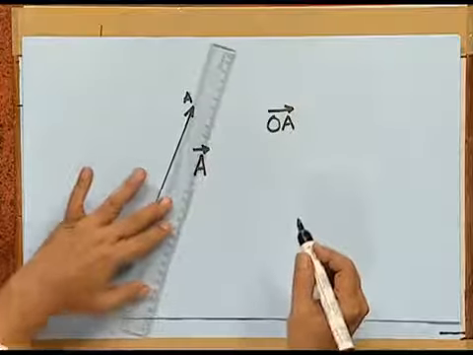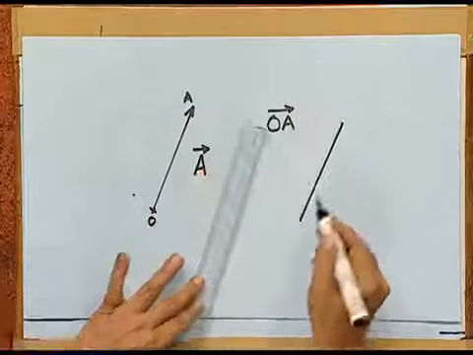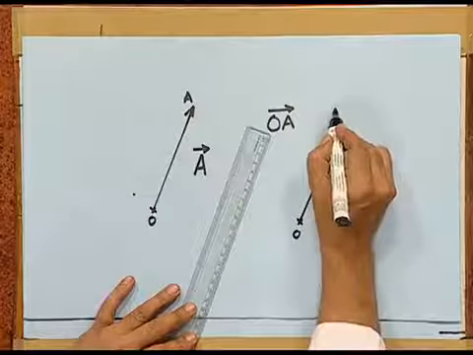a line parallel to it of the same magnitude, I have drawn a line parallel to vector O A indicating O B with an arrow here. O B is a vector which is identical to this, because it is parallel, the directions are same and the magnitudes, the lengths, are same.